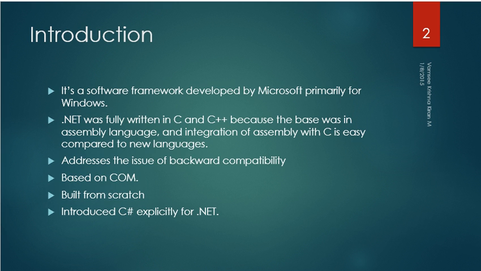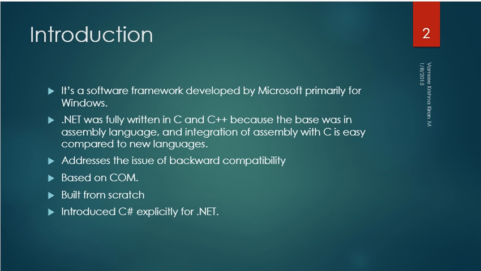So as you all know, .NET Framework is primarily built by Microsoft, which is a proprietary framework for running your Windows applications. So .NET is typically a software framework developed by Microsoft for Windows platform.